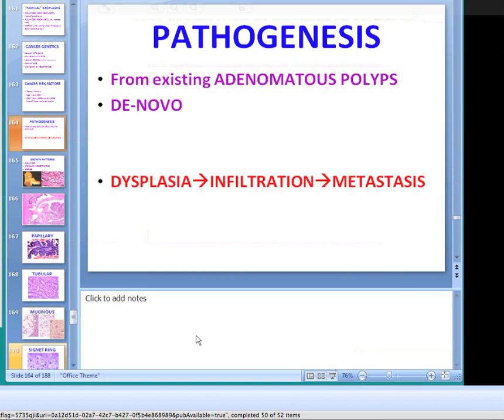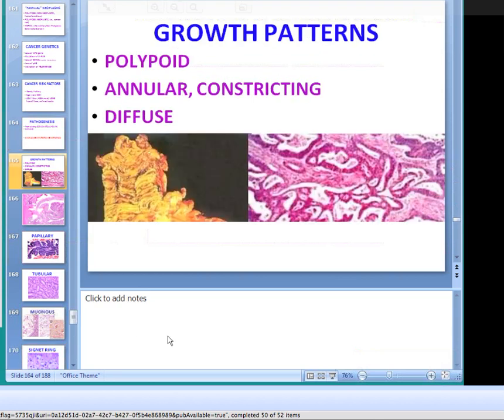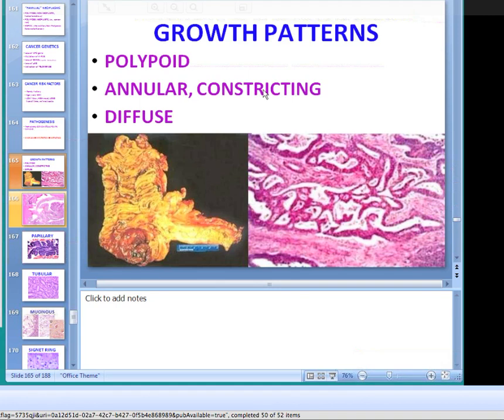It then develops all of the usual features of dysplasia: hyperchromasia, pleomorphism, mitoses, perhaps back-to-back appearance where there's no longer connective tissue separating glands. The general principle is once it gets through the mucosa, once it breaches the muscularis mucosa, it is then potentially metastasizable. And on the basis of that, that's how the grading goes.